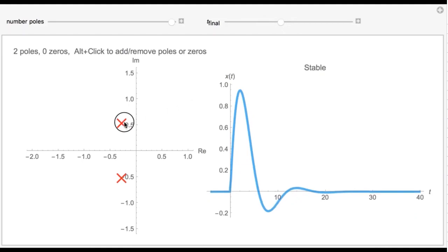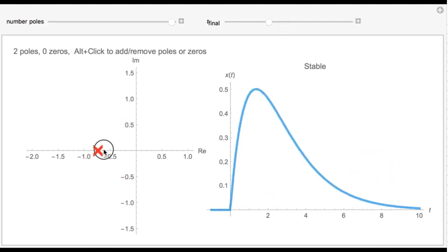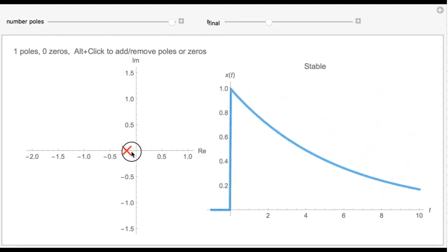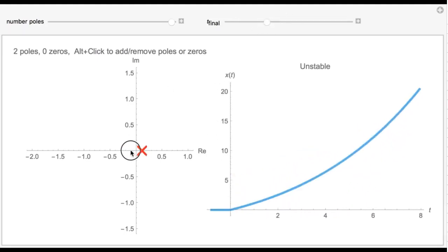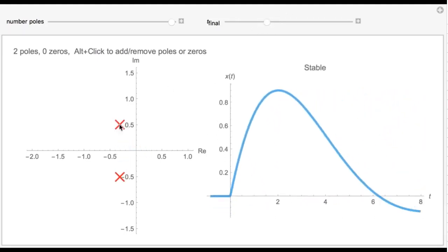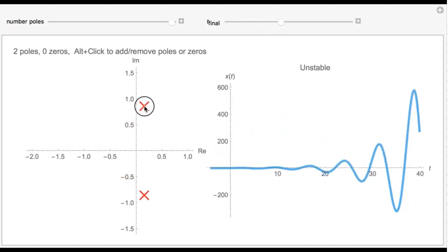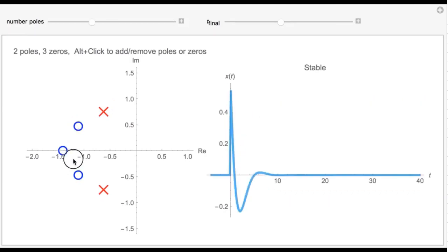We can see how the zeros and poles can be applied in other fields as well. And what happens if the system is unstable then? Well, if even one pole is in the right hand plane, the system will grow infinitely, right?